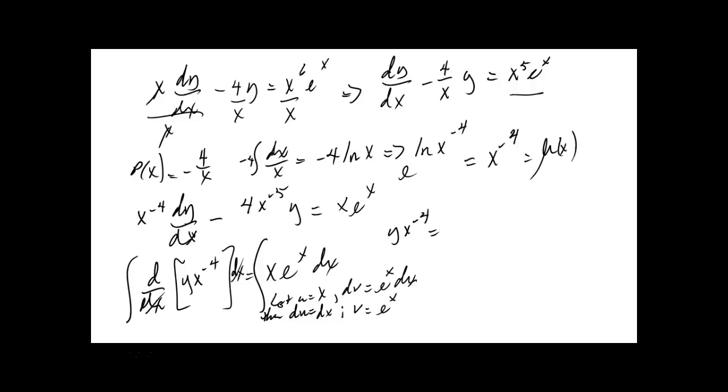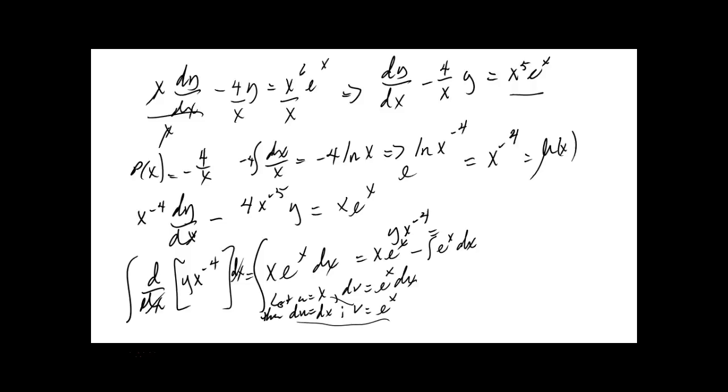So what do you do next in the integration by parts? Yeah, you multiply the u times the v. So this is going to be x e to the x. And then what's the next thing you do? Minus the integral of v du, the bottom line here. And that integral is pretty simple. E to the x dx. Right?